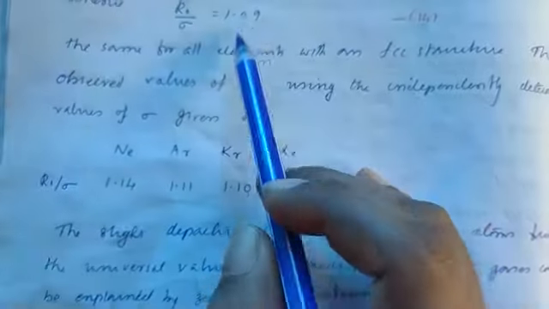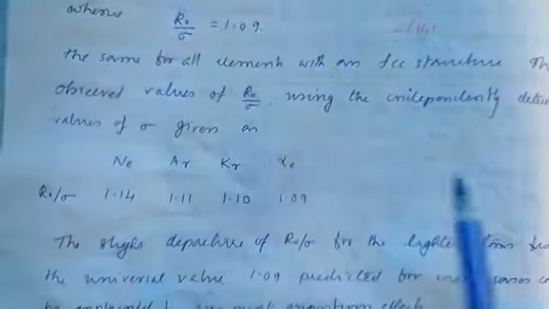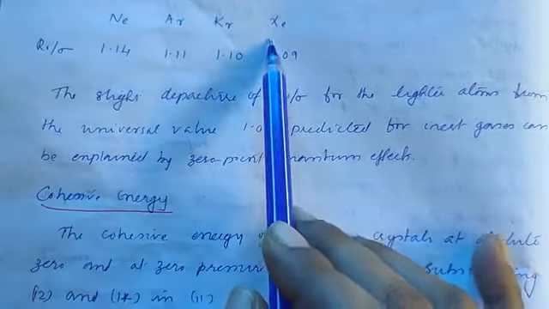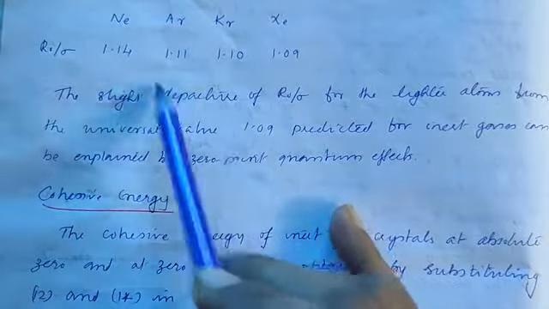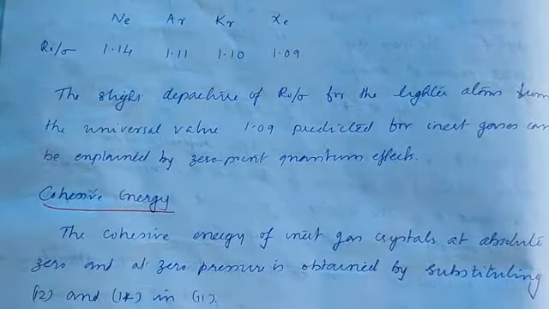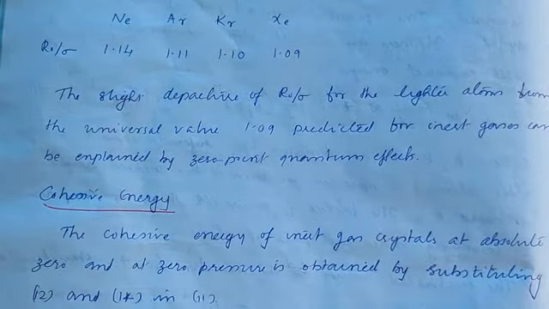So this is the predicted value 1.09, and there is a slight difference for these crystals, which is explained by the zero point quantum effect.